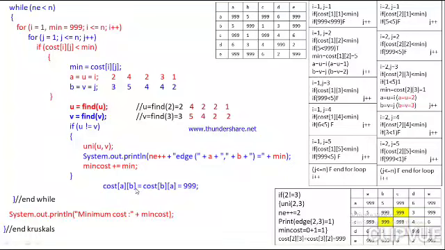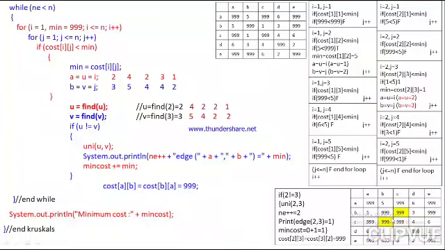Then after that, cost of a b and cost of b a, that is cost of 2, 3 and cost of 3, 2, we are making it as 999. Why we are making that entry as 999? Because already we have considered this. Once again, when I go for the next iteration, I should not consider this one because already I have considered it.